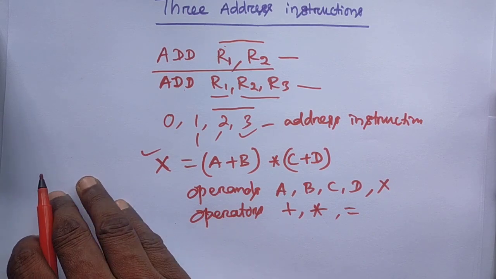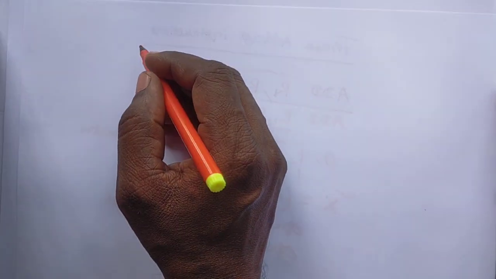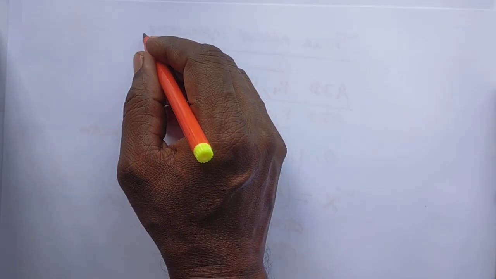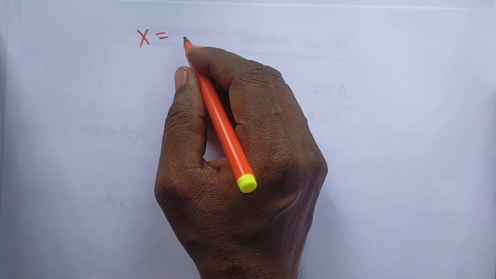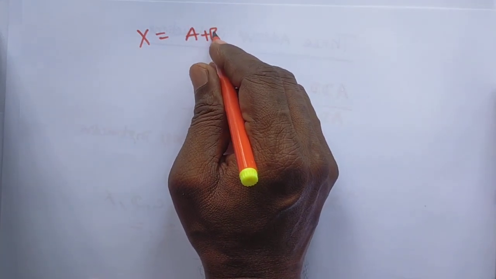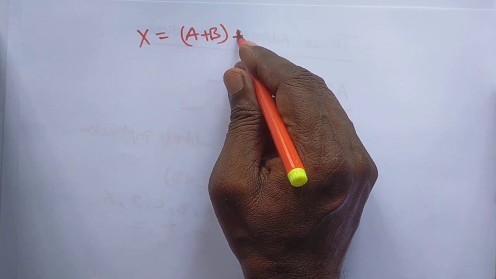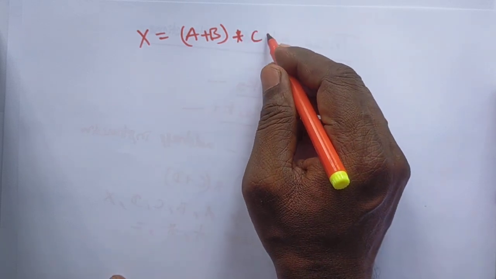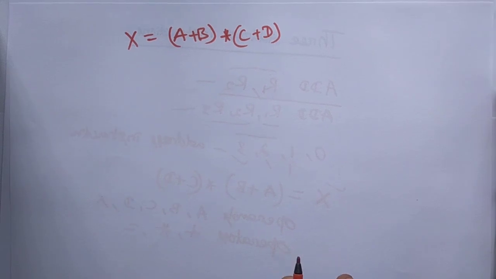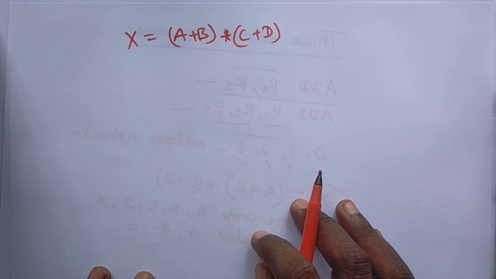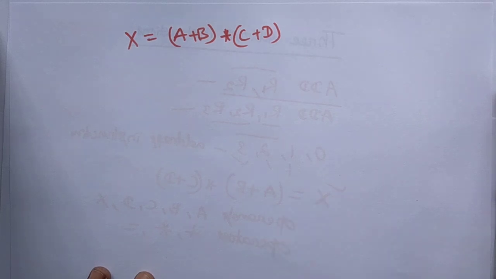Very simple: the expression is given in this way, x is equal to a plus b into c plus d. No problem, this is given. But whenever you convert this into three address instructions, how to define it?